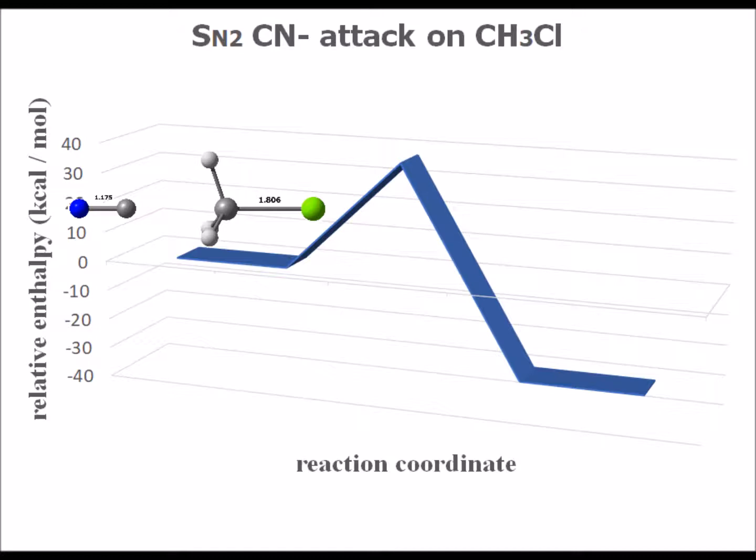Our reactants are cyanide on the left and chloromethane on the right. The reaction proceeds through the transition state shown, where we have a partial carbon-carbon bond formed between the incoming cyanide, and we have a breaking carbon-chlorine bond between carbon and the leaving group, chloride, and it proceeds to the product of acetonitrile plus chloride ion.